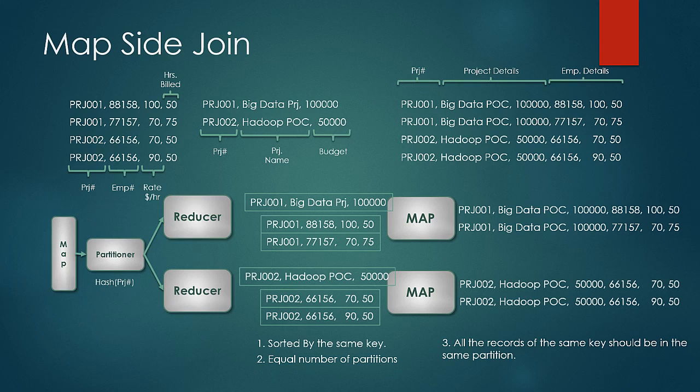So whenever you see map side join logic applied, it would be in a MapReduce job chain. In the next segment, we will learn about reduce side join, which is much more flexible of the two.